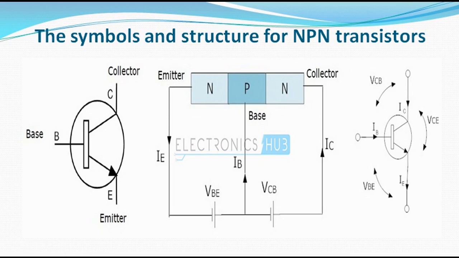Here is the base, here is the collector. The arrow going up signifies current moving up.